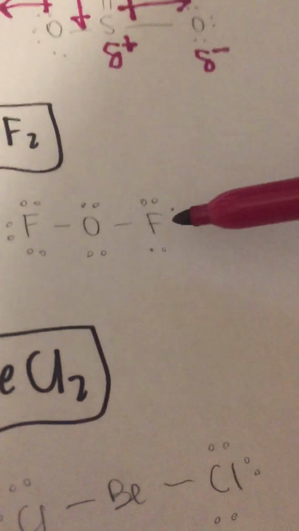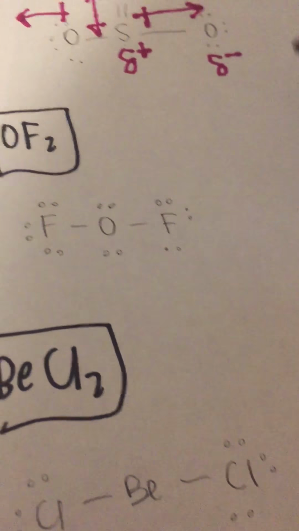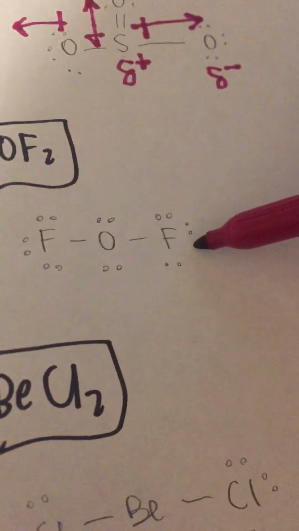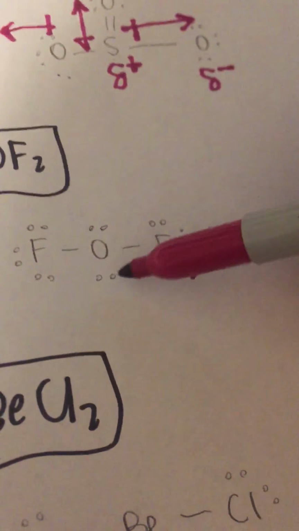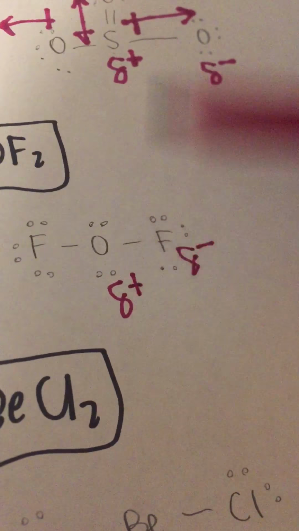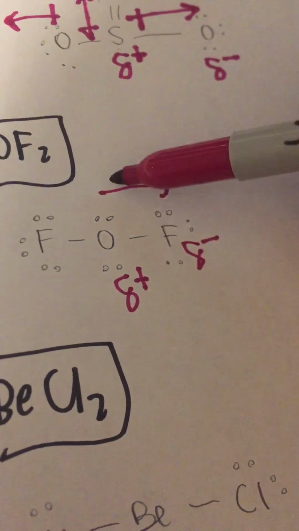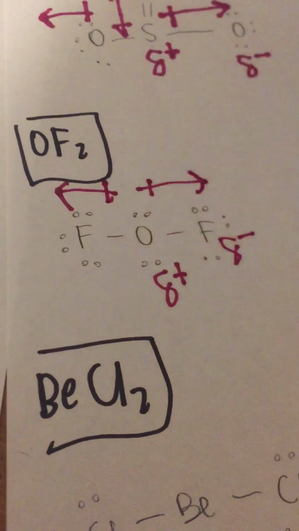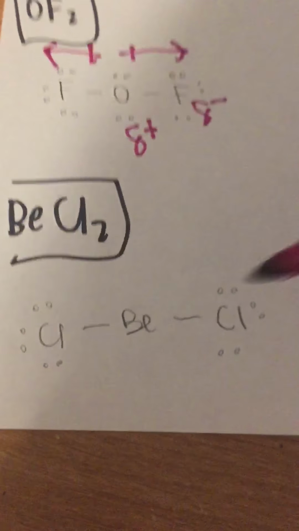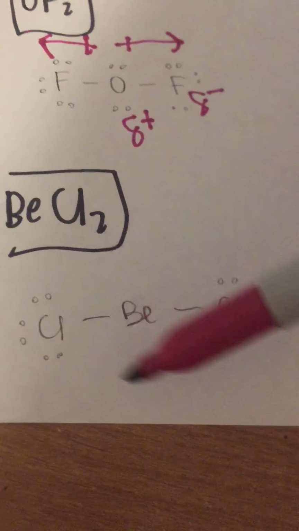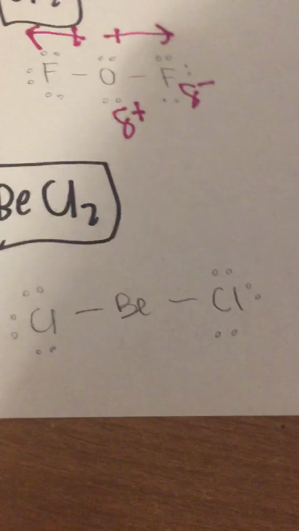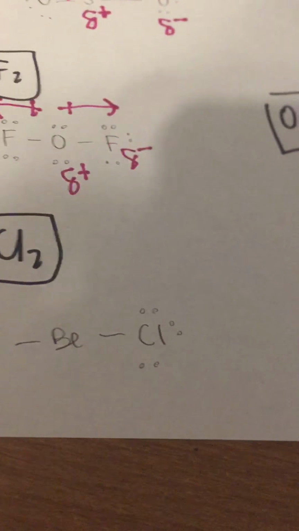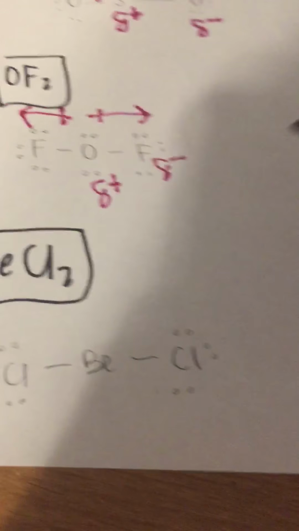As I said earlier, fluorine is the most electronegative atom, so it will have a partial negative charge, and oxygen will have a partial positive charge, the bond dipoles going as such. For this one, I just want to point out that beryllium does not have a full octet. This is because it is an octet violator and does not require 8 electrons.